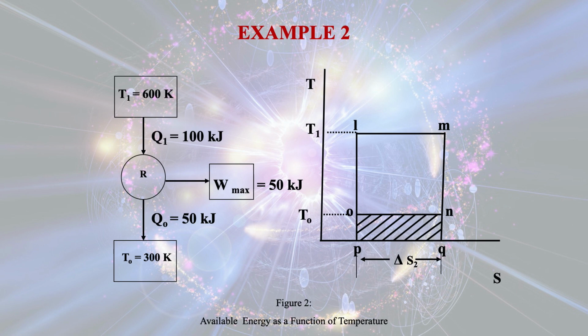Now in the previous case, the temperature of the source was 1000 Kelvin, and at that time the available energy was 70 kilojoule and unavailable energy was 30 kilojoule. But in this case, the temperature of the source is 600 Kelvin, but the heat input to the engine is the same, that is 100 kilojoule.